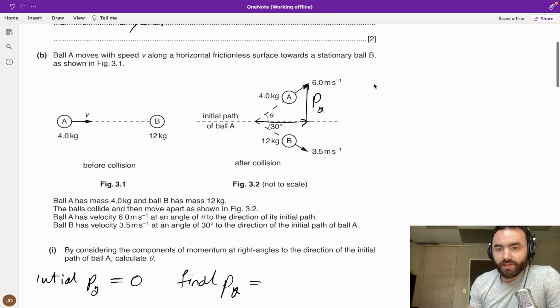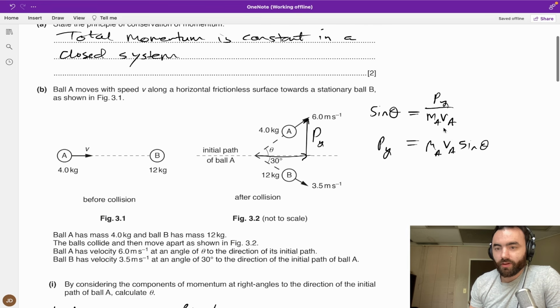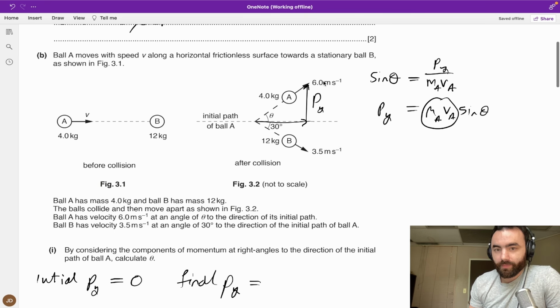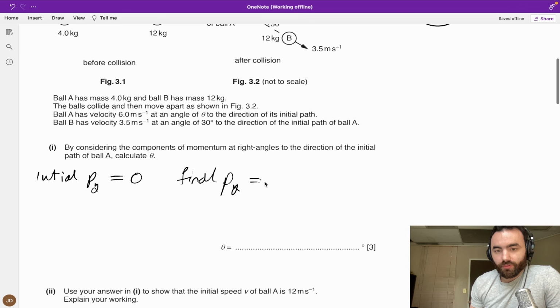Well, we can say that sine theta equals py over its momentum, which is going to be m, the mass of A, times the velocity of A. So py is just the mass of A times the velocity of A times sine theta. And that's just the momentum of A, so you could just say PA.